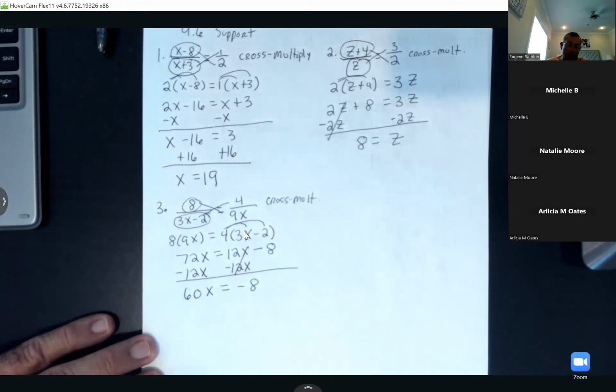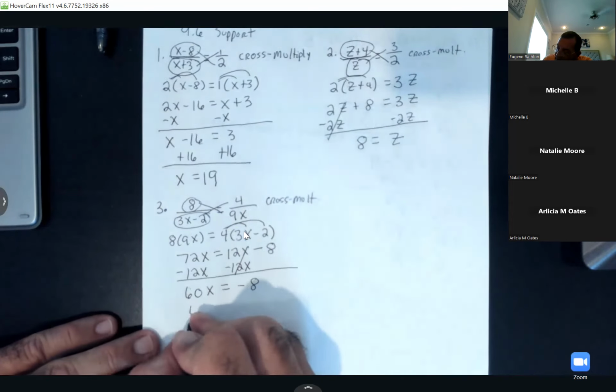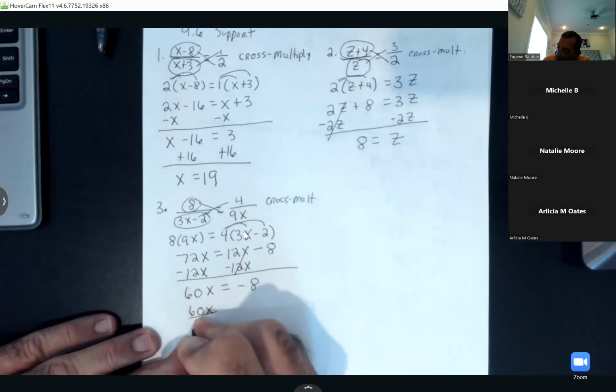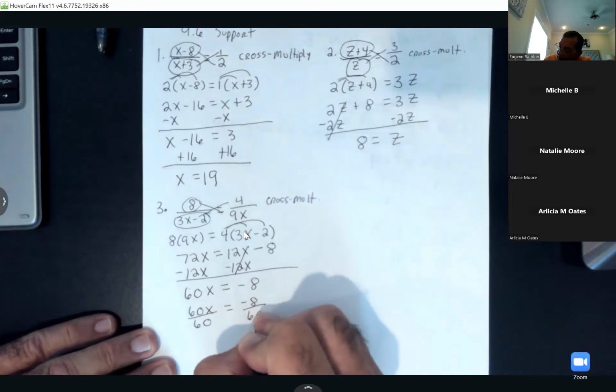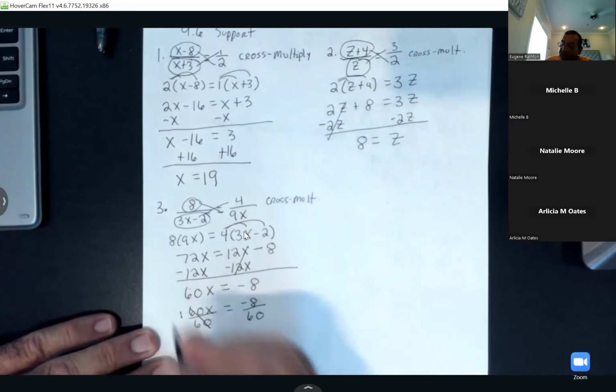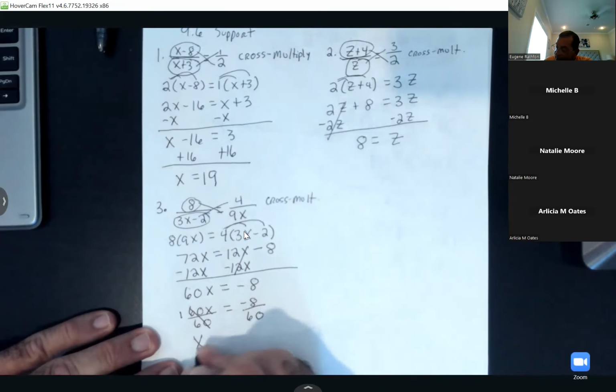Then I'm going to divide both sides by the 60. So if you got a number in front of the X, that's what you're going to divide every time. So those cancel, giving you the 1X. And y'all, that's a negative something.